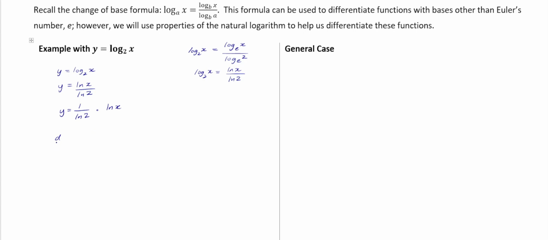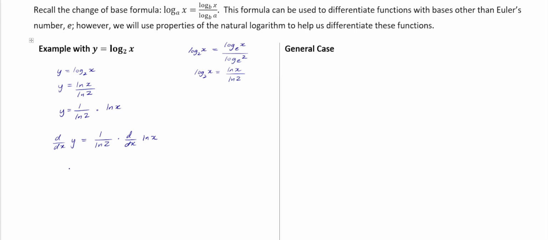d/dx of y, and then this is a constant multiplier, so I don't have to worry about taking its derivative, and then d/dx of ln x. So d/dx means take the derivative of y with respect to x, and take the derivative of ln x with respect to x.